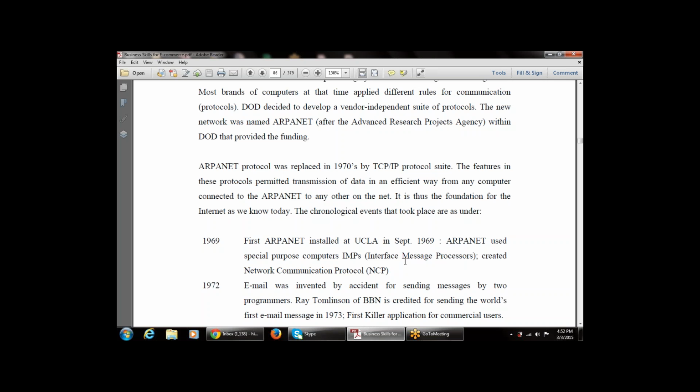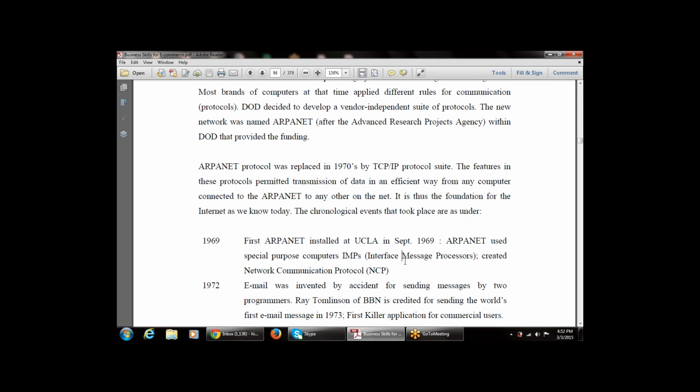So one is the IMP, a special purpose computer, and one is the NCP, a protocol that is used with the ARPANET. So ARPANET arrived in 1969.